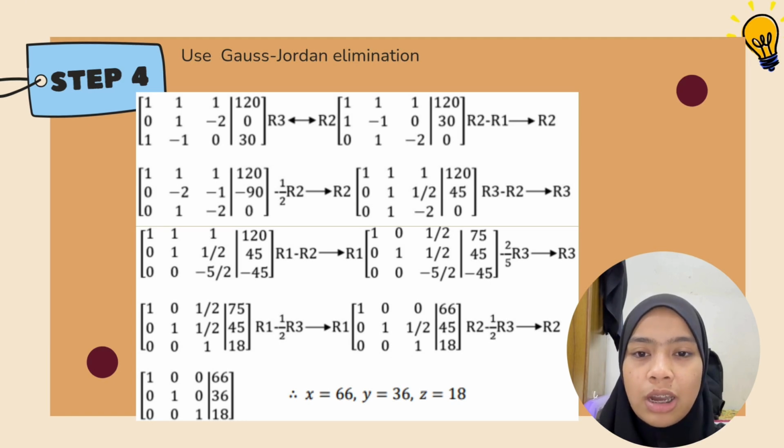This step helps us simplify the matrix into reduced row echelon form, where each variable can be easily identified. Through this process, we eliminate values above and below the leading ones in each row. Once fully simplified, we find the solution where the farmer should plant 66 acres of corn, 36 acres of wheat, and 18 acres of soybeans to meet all conditions given.